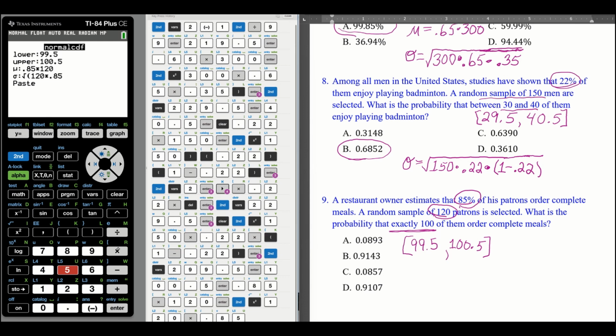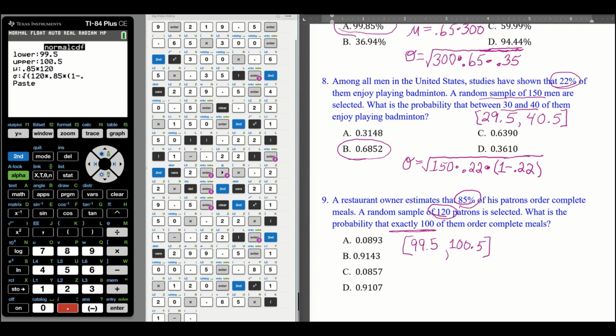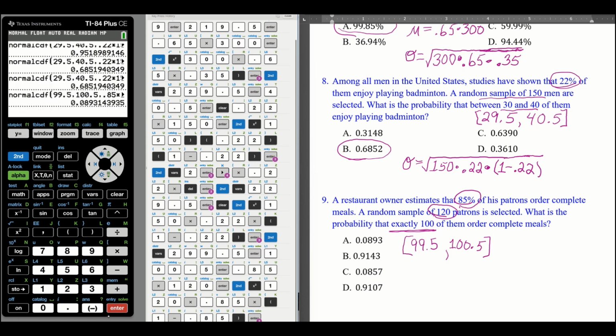Now we need the rest times parentheses 1 minus 0.85. Notice when I'm doing that, I don't have to stop and think, what is 1 minus 85? It doesn't matter. And that will eliminate some errors like I made before. Do we have it? Yes, it is.